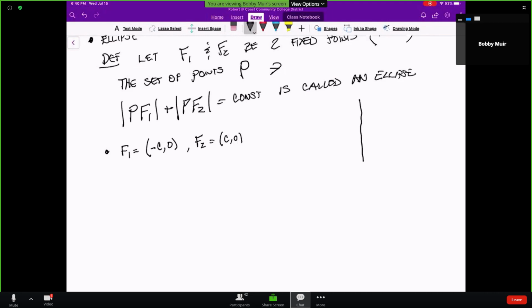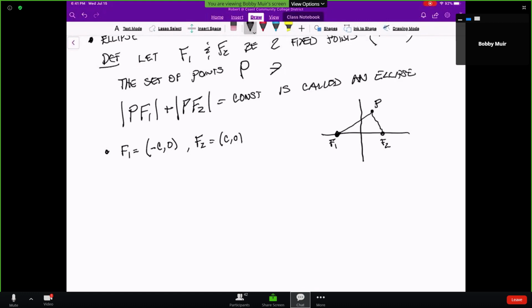Okay, so over here I've got this grid. And so here's F1, and then here is F2. Now the set of points P such that this distance plus this distance is a constant. That's what we're after.